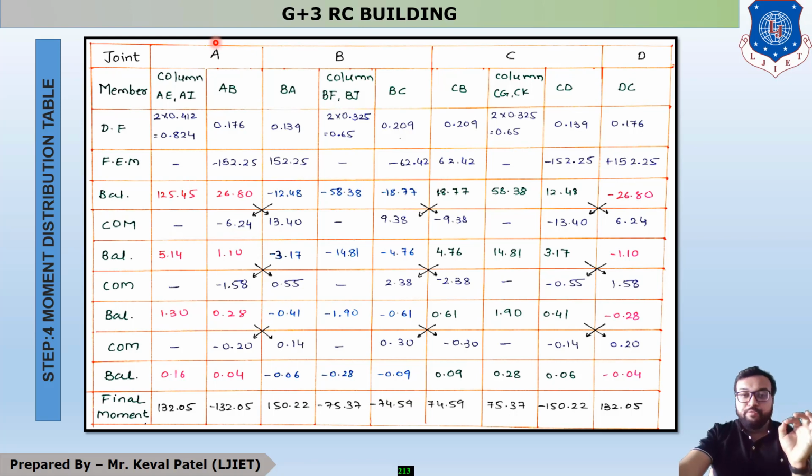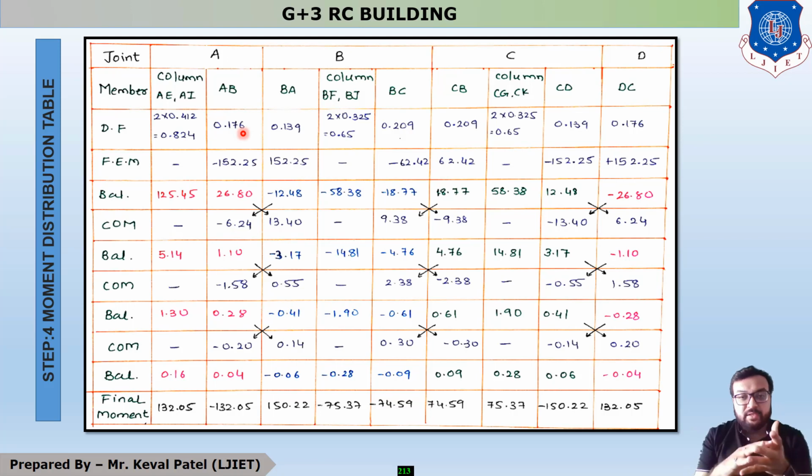I repeat, for all the junctions, the summation of distribution factor must be 1.000. You can see that 0.824 plus 0.176 is exactly 1.000. It means you have to distribute 100 percent of the moment on junction A.